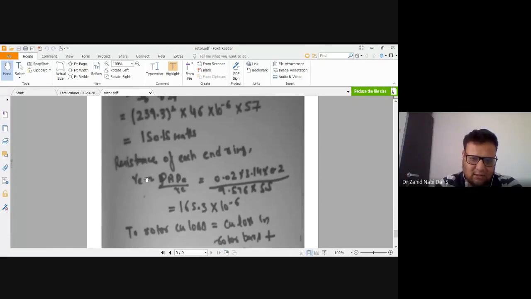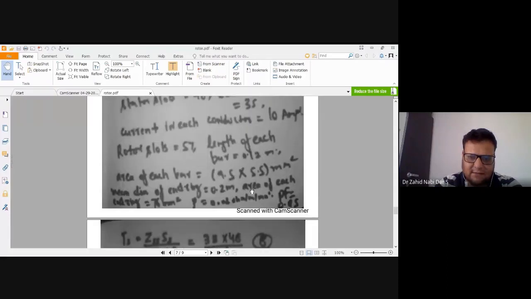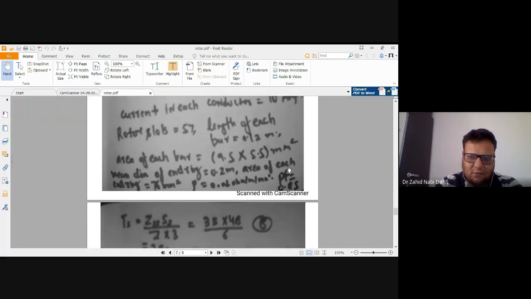This is rho L by A, this is not Re, this is Ae. Again you substitute 0.02 into 3.14, and this is the diameter of the end ring. In the question also we have given, see, diameter of the end ring 0.25, area of each bar 9.5 into 5.5, power factor, and resistivity 0.02.